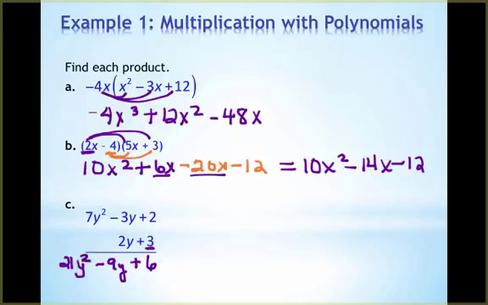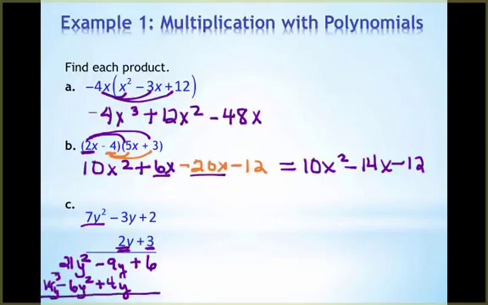Now we're going to move to our second term of 2y, and we'll multiply that times everything in the top. 2y times 2 would be 4y, and we want to line that up underneath the 9y. 2y times negative 3y would be negative 6y squared, and then 2y times 7y squared would be 14y cubed.